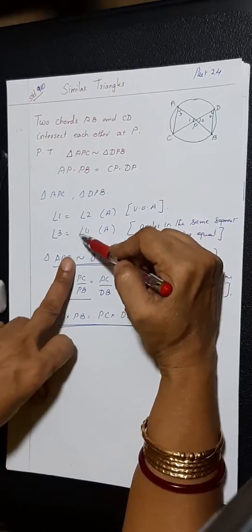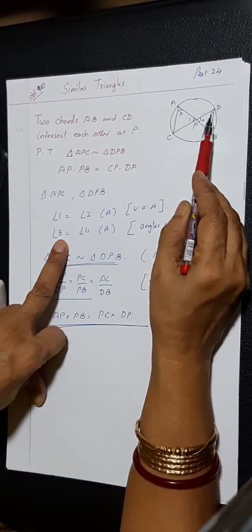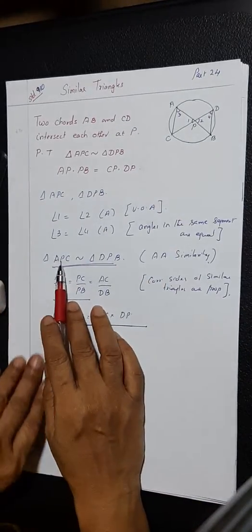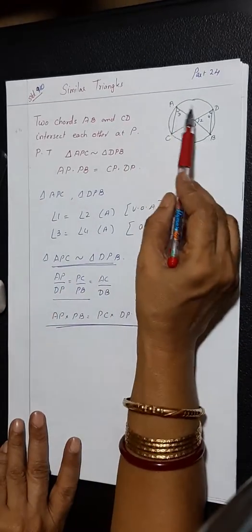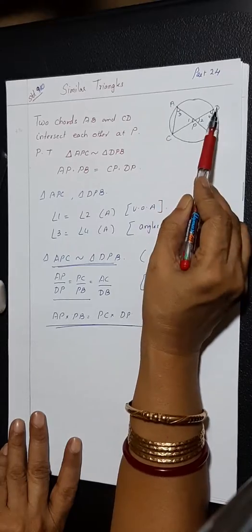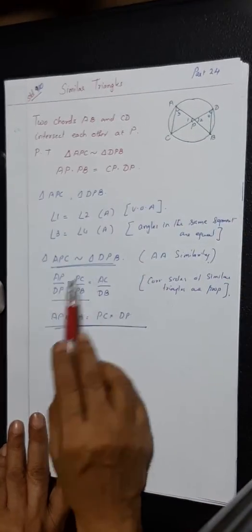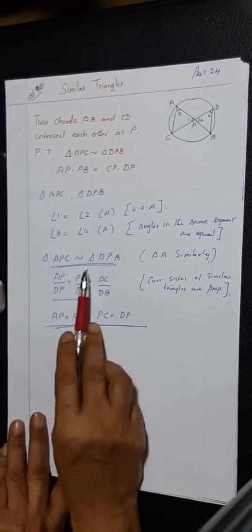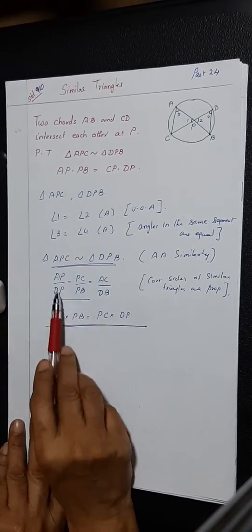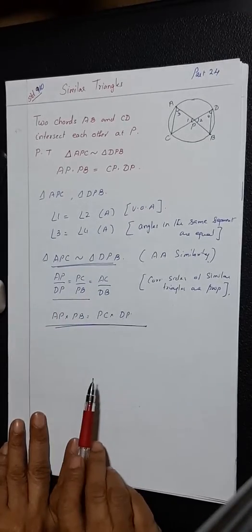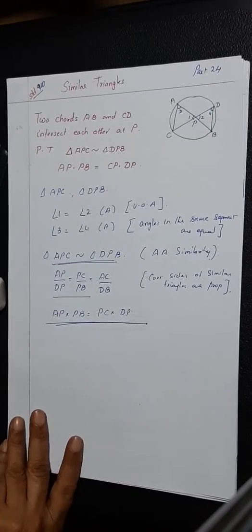So you can take either 3 equal to 4 or C equal to B. Therefore, triangle APC is similar to DPB. From the similarity, we write the proportional sides. If you take these two, you can say AP into PB is equal to DP into PC.